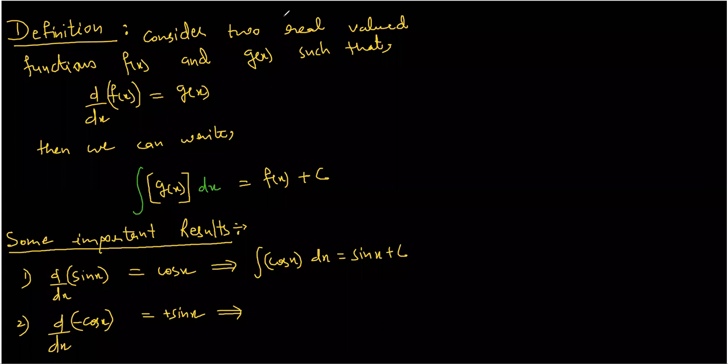If you are differentiating minus cos x, you will get sin x. D by dx of minus cos x is sin x. So here integration of sin x dx is equal to minus cos x plus c. It is minus cos x plus c.